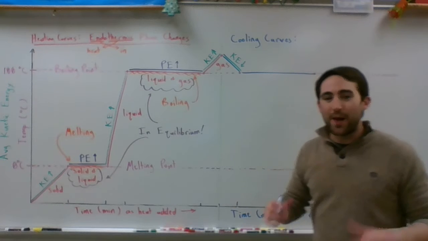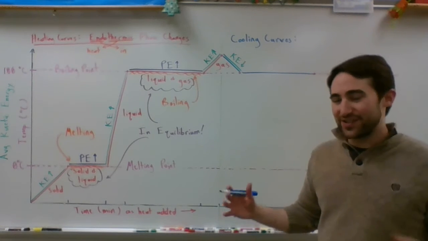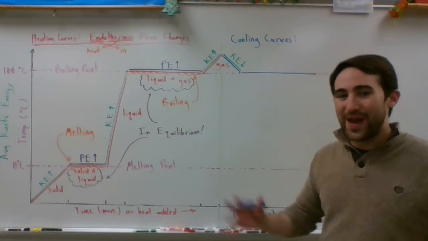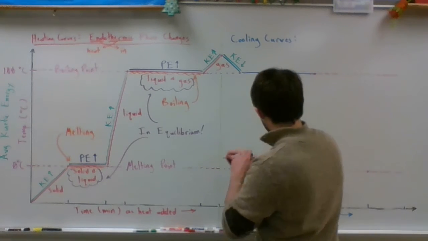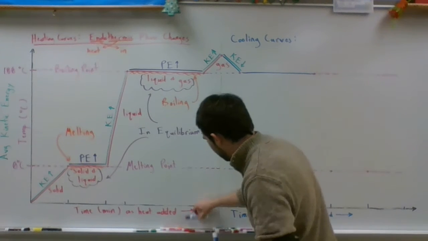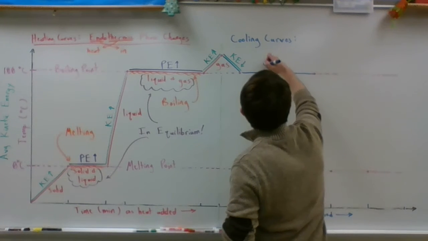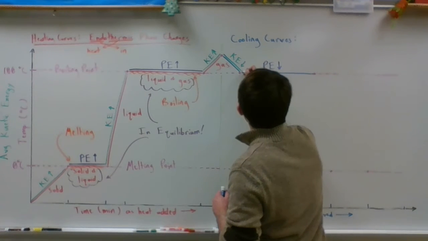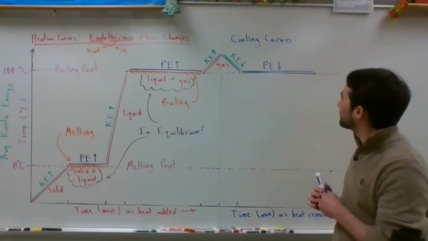our temperature stops dropping for a while, and instead, the energy that we're losing comes from potential energy. As those particles attract each other and stick together, the spacing decreases between particles. Change to purple. Potential energy is going to be PE. All right.